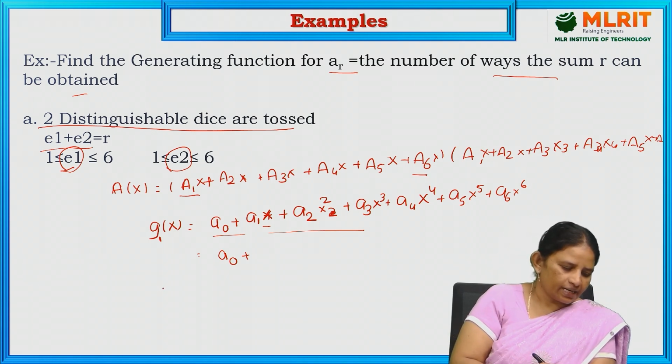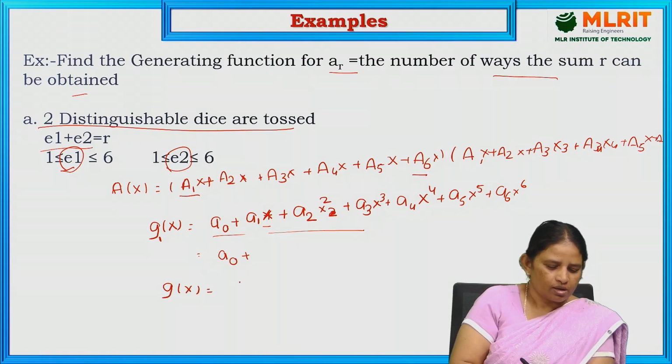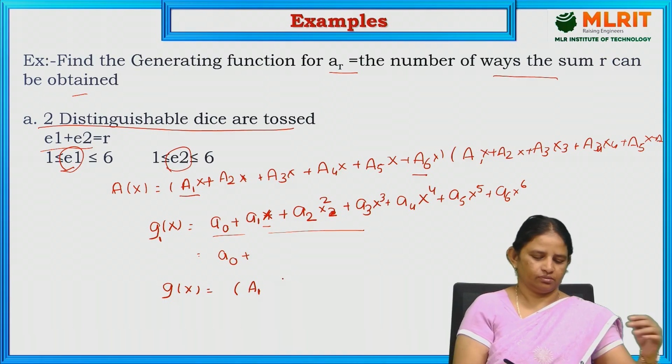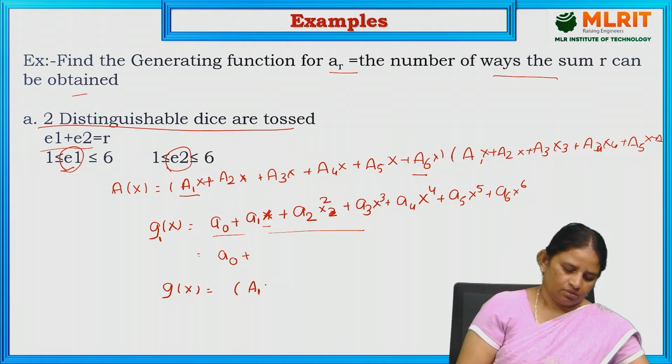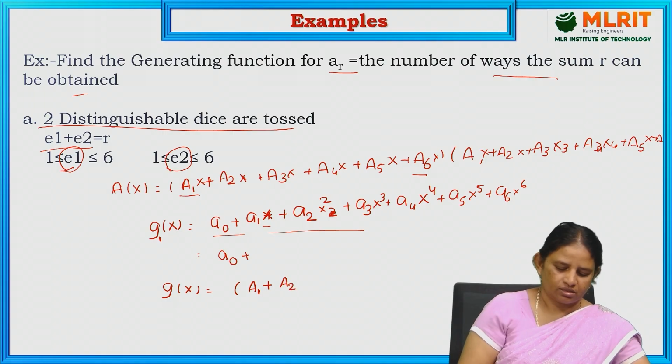Then total generating function g of x equal to a1 plus a2 plus, that means the first term is a0, that is considered as a1.